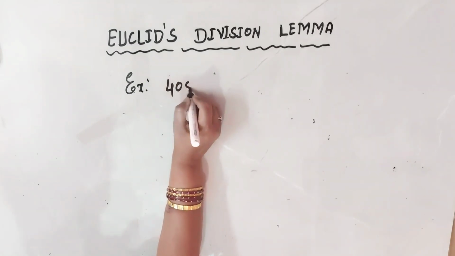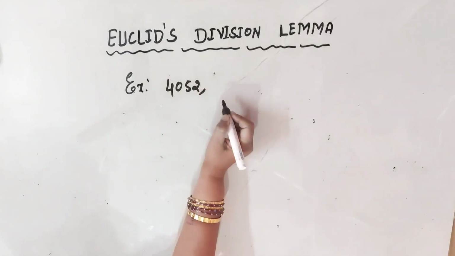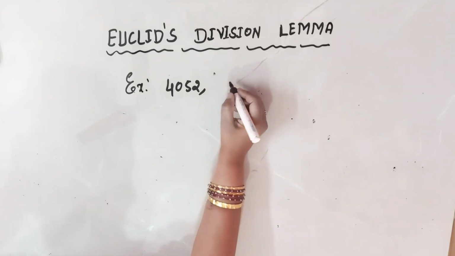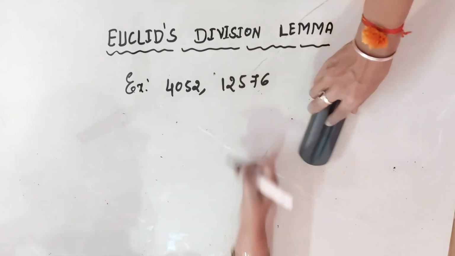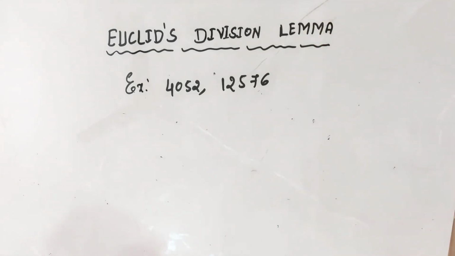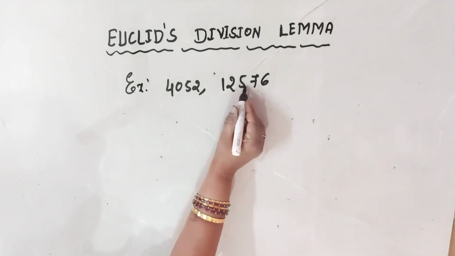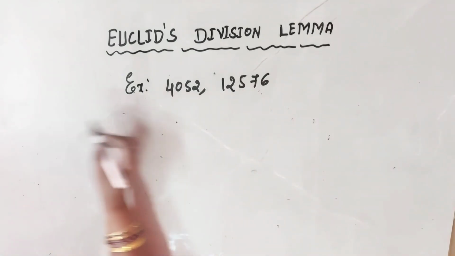4052 and 12,576. Here two positive numbers are there. See, the first one is smaller, the second one is bigger. So first we will take the bigger number divided by the smaller. You know the relation also.